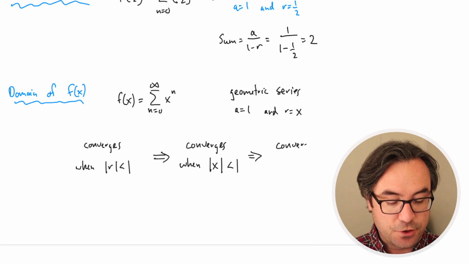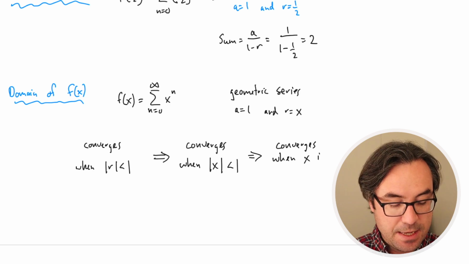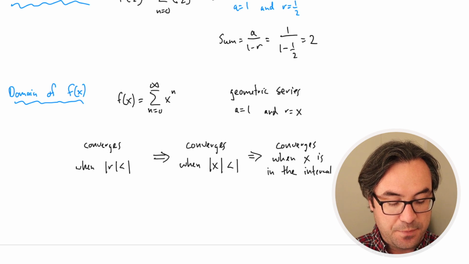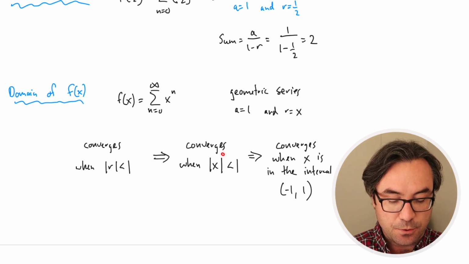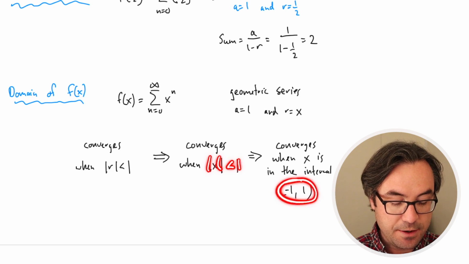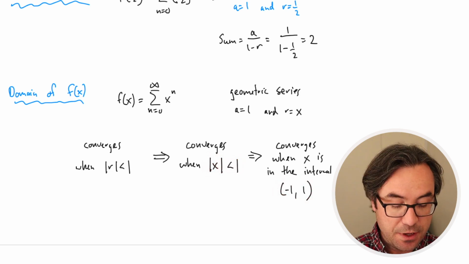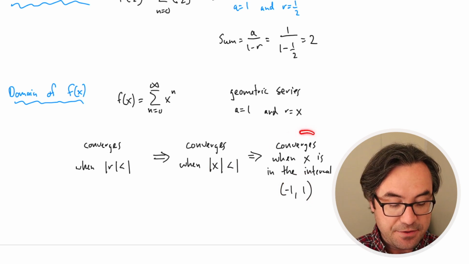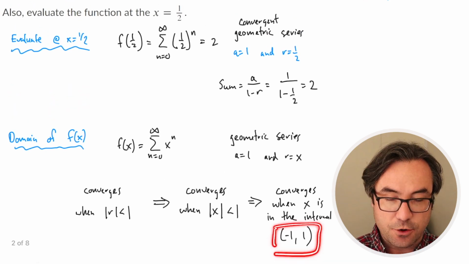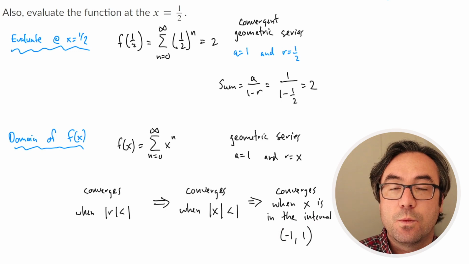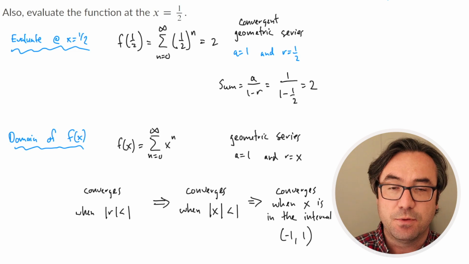We can say that this converges when x is in the interval from -1 to +1. This absolute value inequality, the absolute value of x being less than 1, is equivalent to this interval here. And this is the domain. It's all the numbers where x is between -1 and +1.